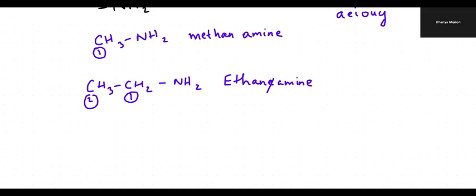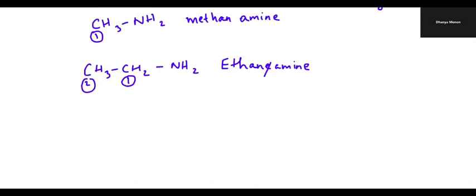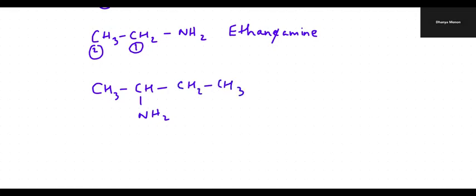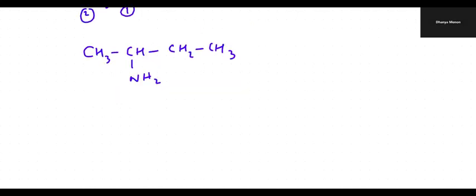Now coming to the third question. Suppose I give a question like this, CH3, CH, NH2, CH2, CH3. I told you before that NH2 is not a terminal functional group. It can appear anywhere in the chain.